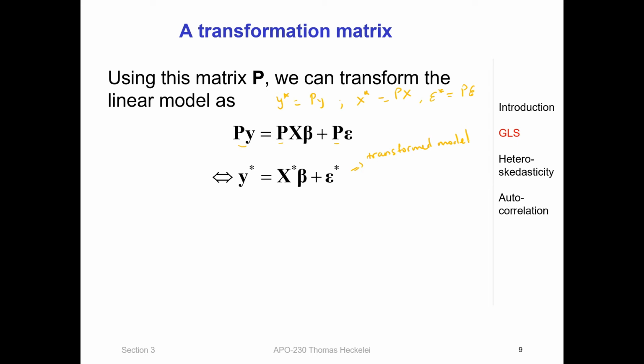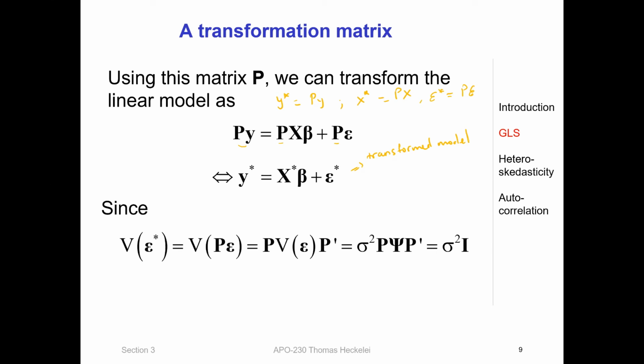And we could, I jump ahead a bit, try to apply OLS to this transformed model and see what happens with the variance covariance matrix of the error term, because that's all we're concerned about. Before that, the original model violated that. Therefore, we could write the variance of epsilon star, now the transformed epsilon, and plug it in as P times epsilon. And what would we have? Let's stop here a bit.